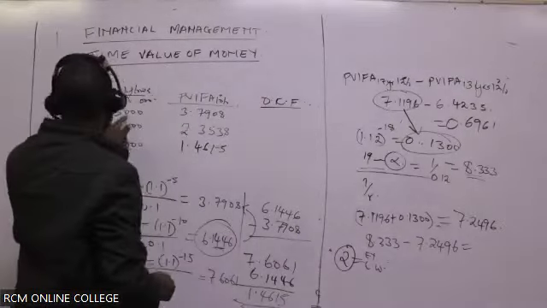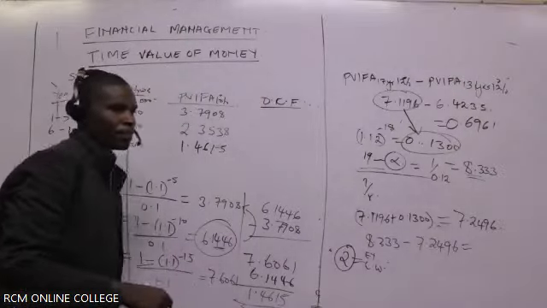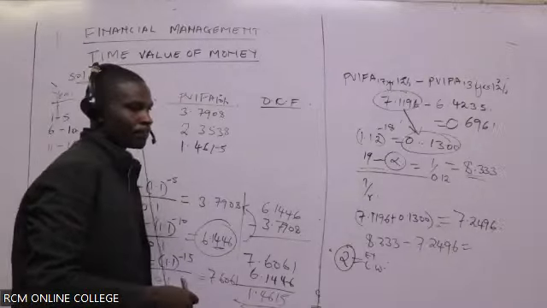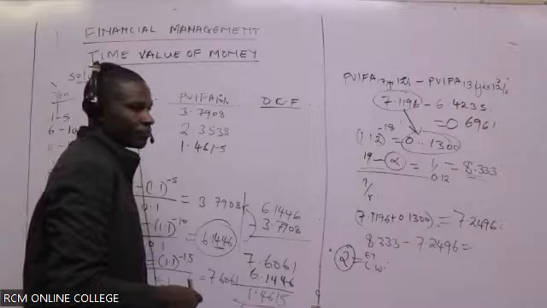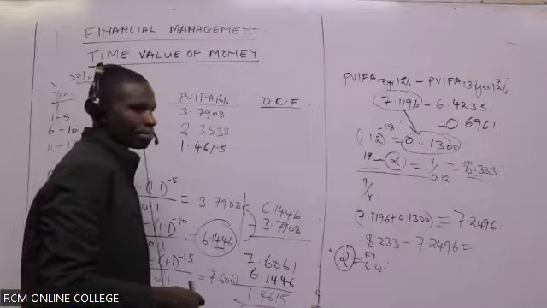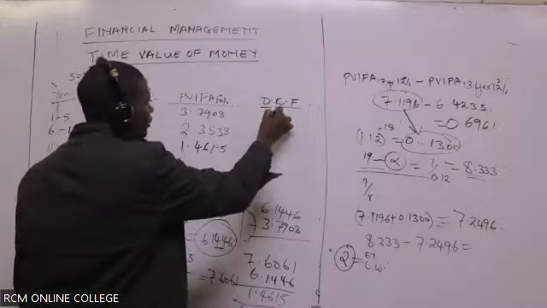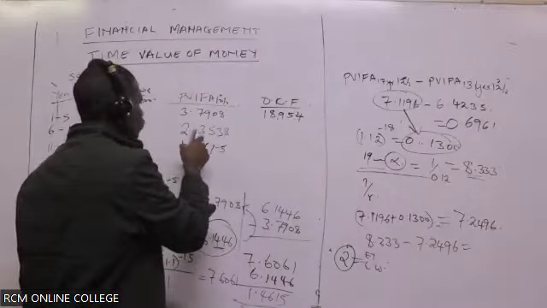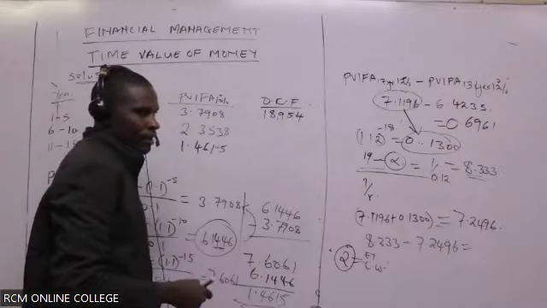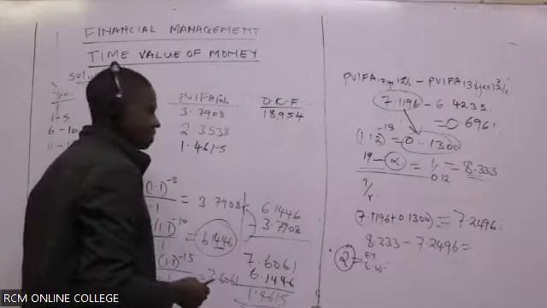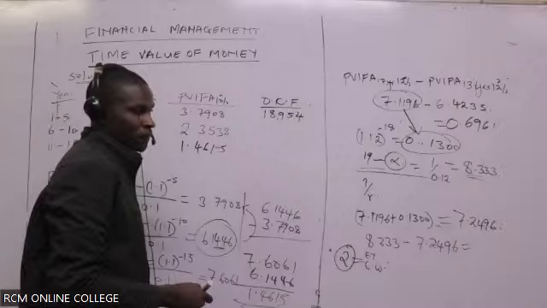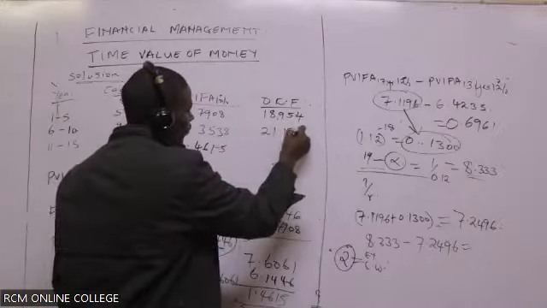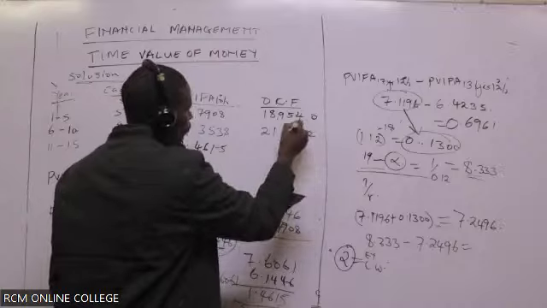So discounted cash flow, year one, this will be 5,000 times this. What do you get? As simple as that. 18,954. Then 9,000 times 2.3538, what do you get? 21,184.2.